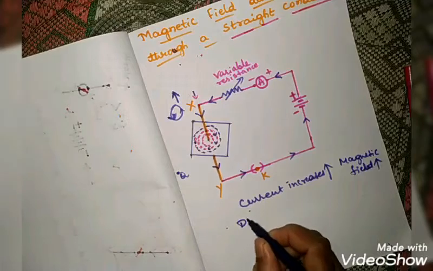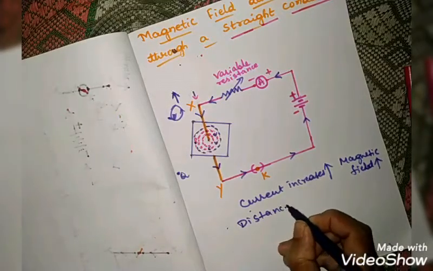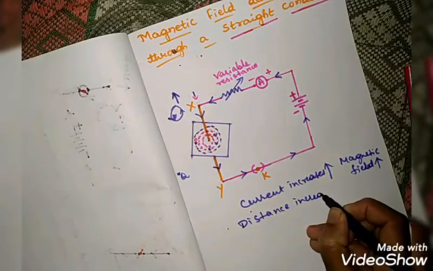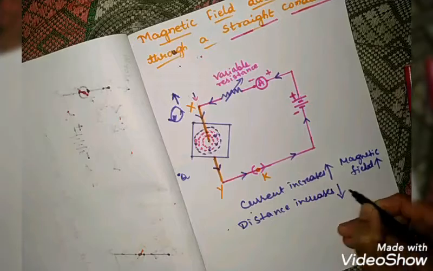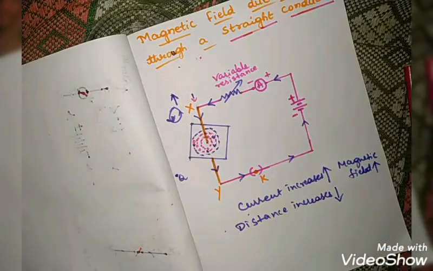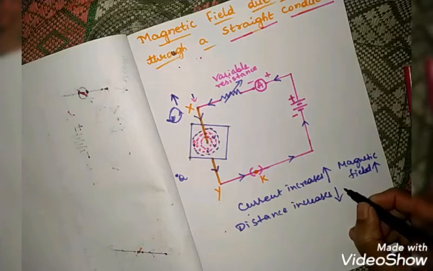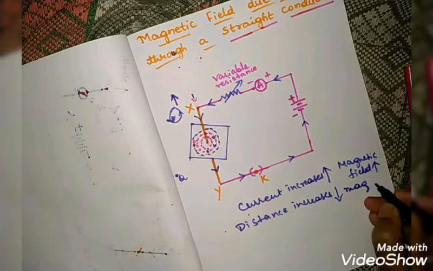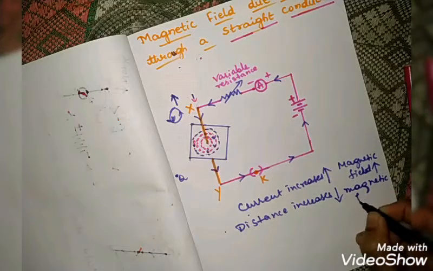When distance increases, children, what happens? The magnetic field decreases. The amount of the magnetic field decreases.